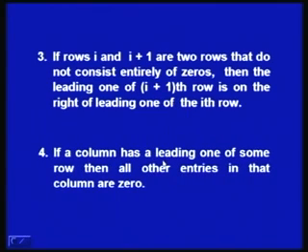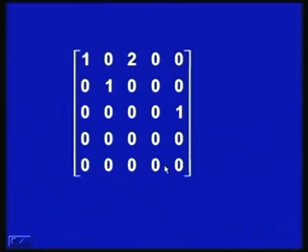And the fourth property is that if a column has the leading one of some row, then all other entries in that column are 0. So, let us see this example. Here we have zero rows, these are non-zero rows, these are leading ones. Now, this is a non-zero row, it has a leading one here, and this is a non-zero row, it has a leading one here.